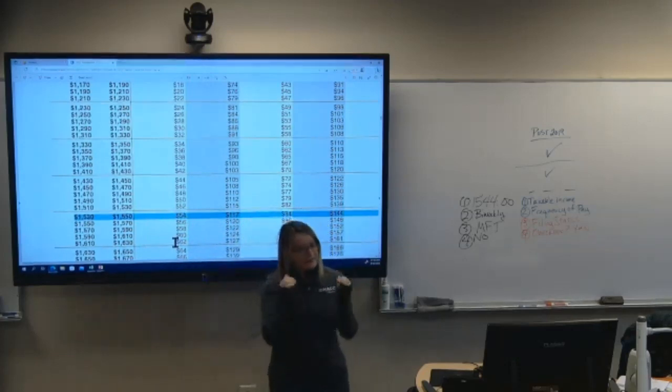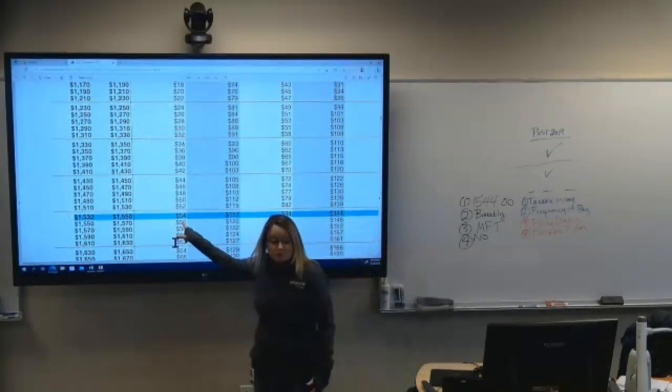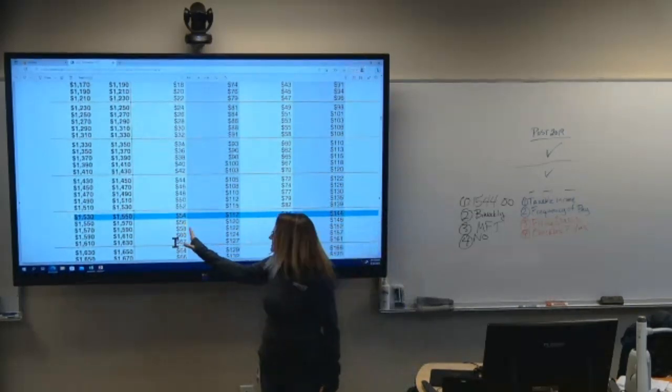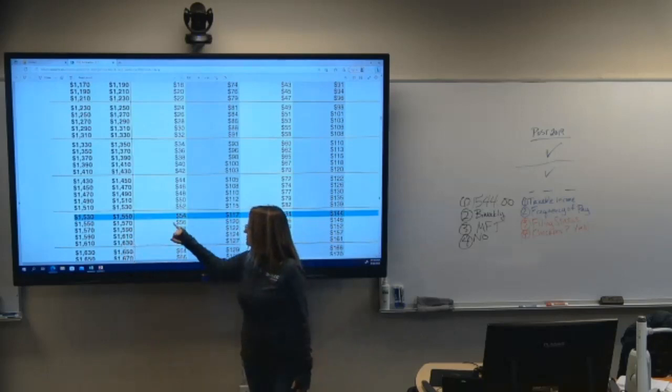The other method, when we're calculating, we are exactly precise. So it won't be exactly $54. This is essentially the calculation for about the middle of that range, like 1540. But if you're using this table, you can use a range.